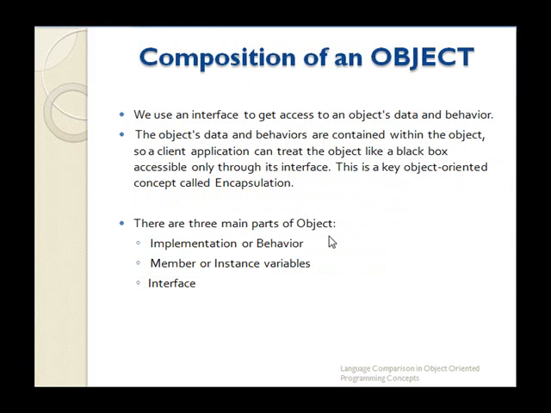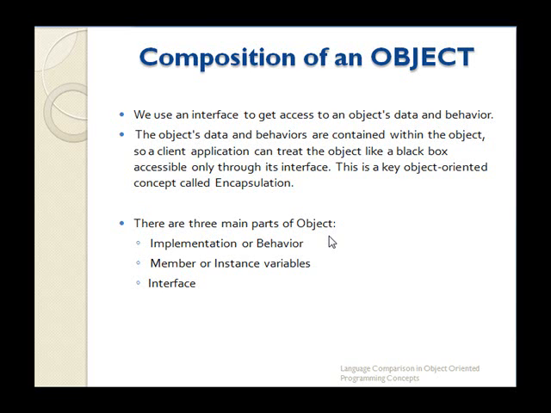Position of an object. We use an interface to get access to an object's data and behavior. The object's data and behavior are contained within the object. So a client application can treat the object like a black box, accessible only through its interface. This is a key object-oriented concept called encapsulation.